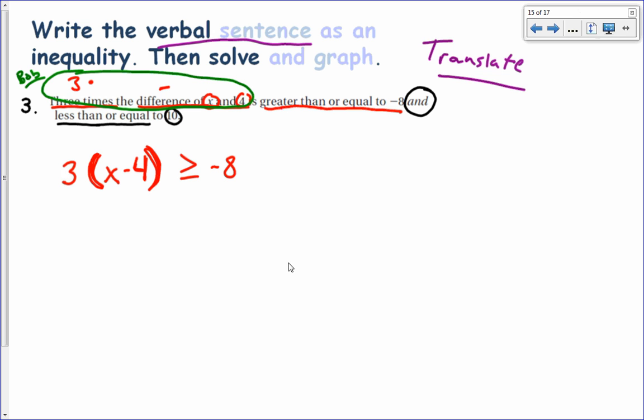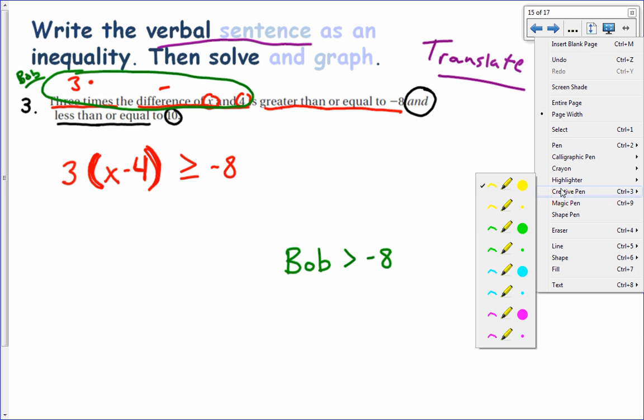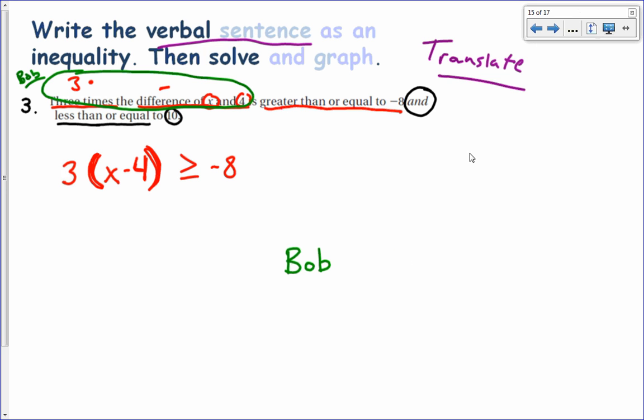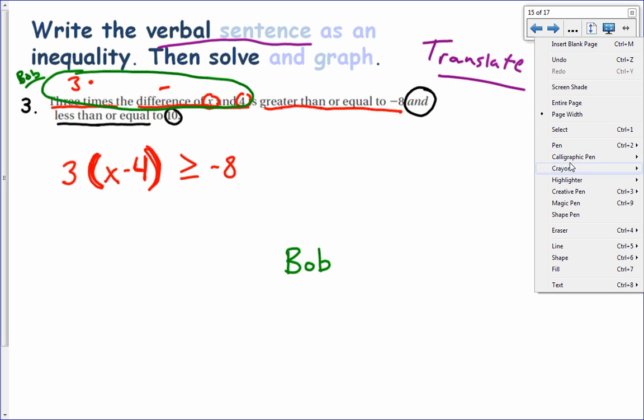I think that's making it sound like Bob is greater than or equal to -8, but he's also less than or equal to 10. Now, I think what I can do is move these things around a little bit. Why don't I erase it and instead put the greater than or equal to on the other side.